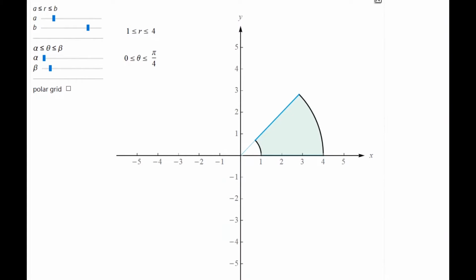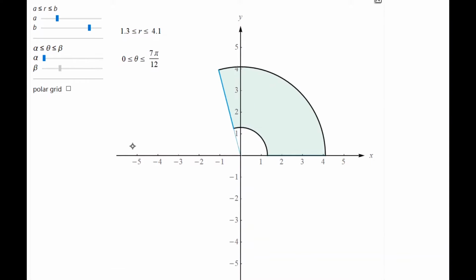To get some more practice with describing regions in terms of polar coordinates, let's see what happens as we vary, for example, a. So decreasing a, increasing it, decreasing b, increasing b. Of course, b should always be greater than a. Likewise, we could vary the angle.